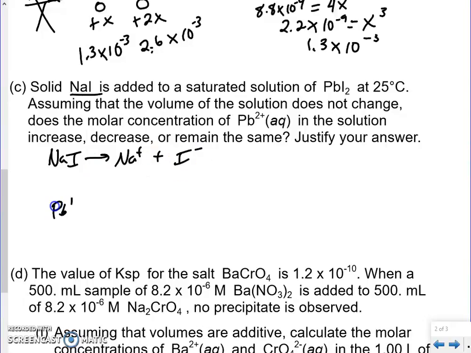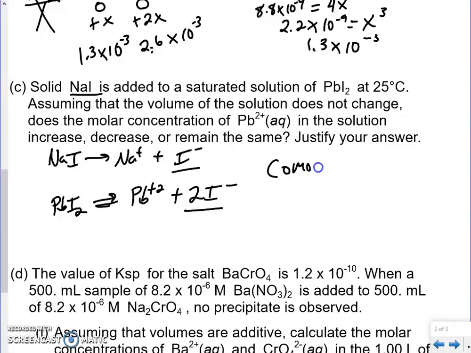Well, let's look at our equilibrium here, which is our lead 2 iodide breaking down into some lead ions and some iodide ions. Notice that both of these reactions going on in the same solution are producing the same ion. Remember, this is our common ion effect.